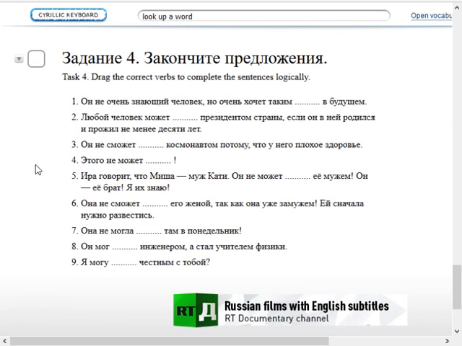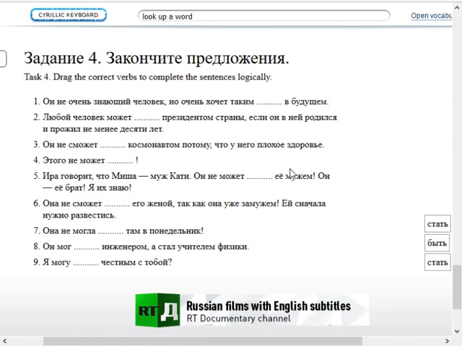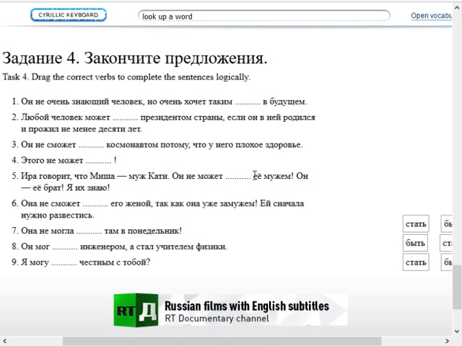All right, and last exercise we have, now we don't need to type anything, we just drag in words from the right here, and I believe they're all either быть or стать. So let's see. Он не очень знающий человек, so he's not a very, not intelligent, but not a very knowledgeable person, но очень хочет таким стать в будущем. But he really wants to, хочет таким стать в будущем.